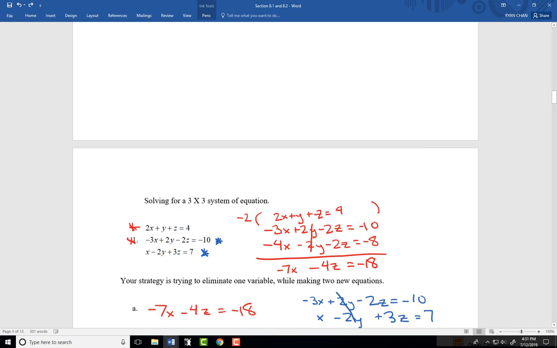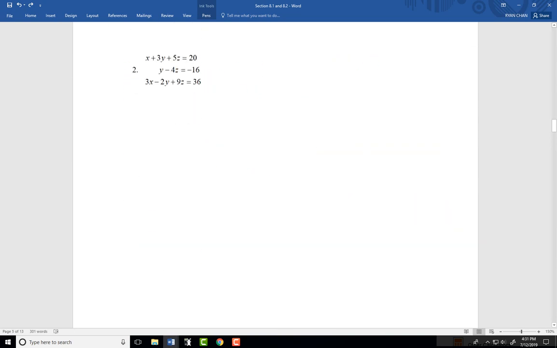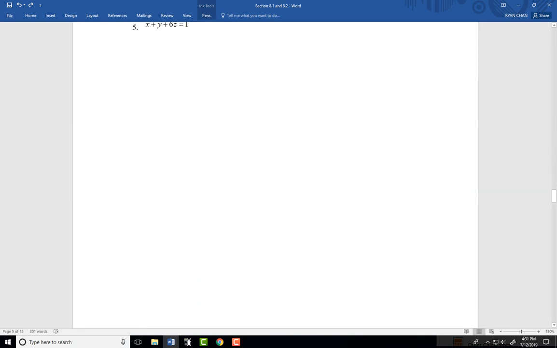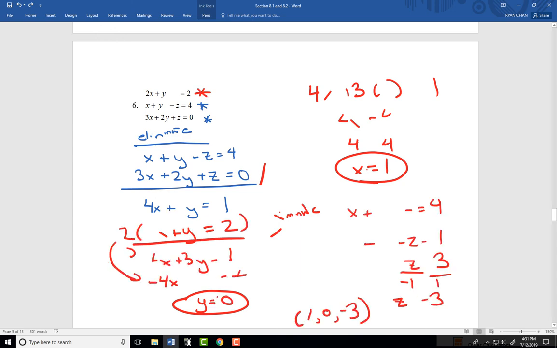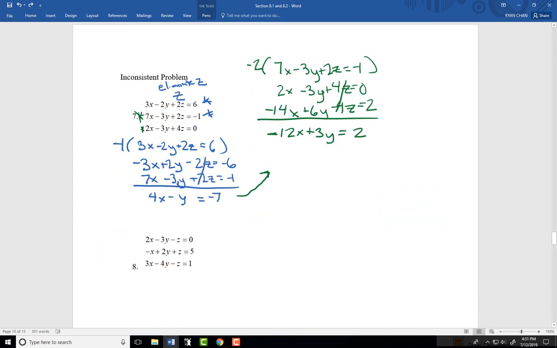Sorry, I'm going to scroll down. Oh, there we go. Okay, so now watch what happens when I combine this. So I have 4x minus y is equal to -7.